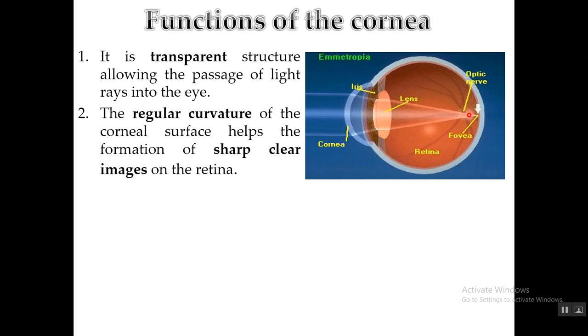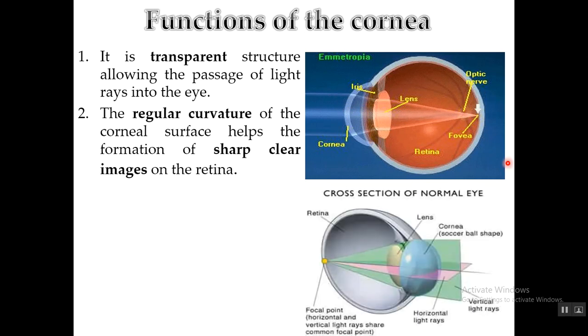Number 2, it has a regular curvature. You can see here the curvature of the cornea is the same. So any light rays passing through this meridian or this meridian or plane will be converged to a point. So the regular curvature of the corneal surface will help formation of a sharp, clear image on your retina.